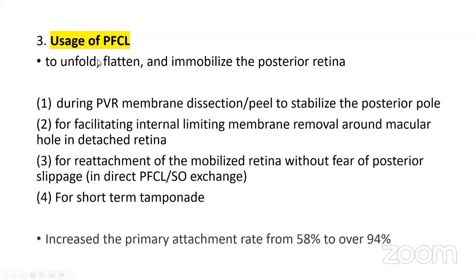With the usage of this heavy liquid, it actually increased the primary attachment rate from 50% to almost 95%. So here, I want to share with you a simple video of how we manage the giant retinal tear by injecting the heavy liquid.